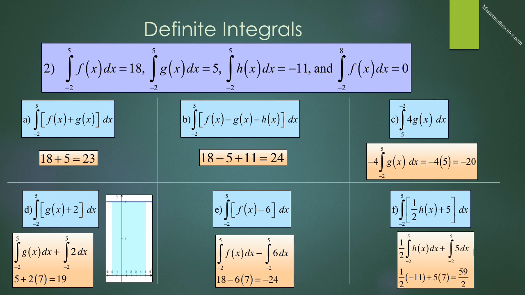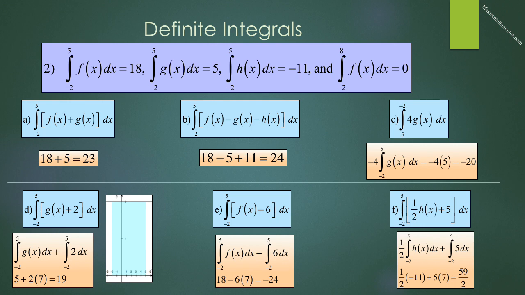In D, we're asked to find the integral from negative 2 to 5 of g of x plus 2 dx. We break this up into 2 integrals, the integral from negative 2 to 5 of g of x dx plus the integral from negative 2 to 5 of 2 dx. We know the integral from negative 2 to 5 of g of x dx is 5, as it's given.